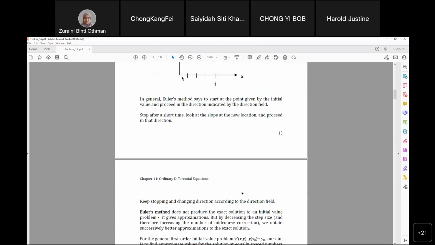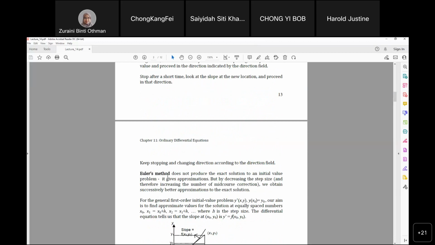Which is by using Euler method. What is Euler method? This does not produce the exact solution to the initial value problem. It gives an approximation. Every method that we learn in numerical method gives an approximation value.